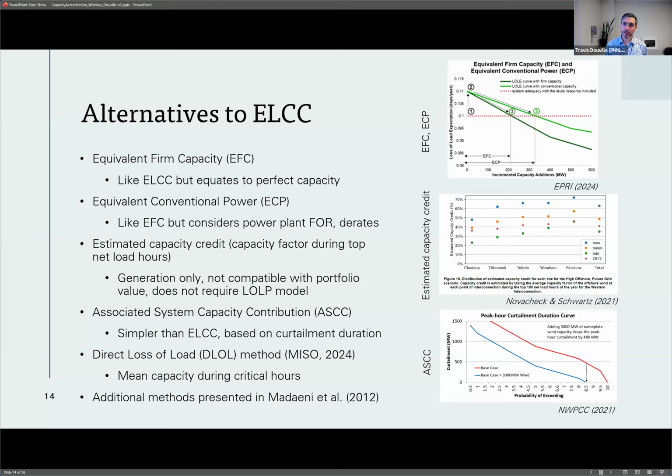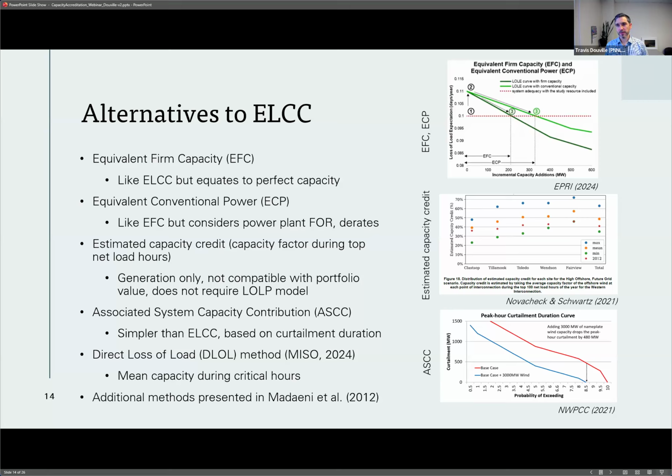To start with, the equivalent firm capacity, and we'll go to the equivalent conventional power also. Those two aren't necessarily simpler than ELCC. Instead, they take the calculation and operate it in reverse. So to go through that quickly, the system is brought to a RA criterion of reference, say that's 0.1 LOLE, and then the generation transmission change of interest is removed. So it was in there to start with, then it's taken out, and generally the model becomes less adequate, right?